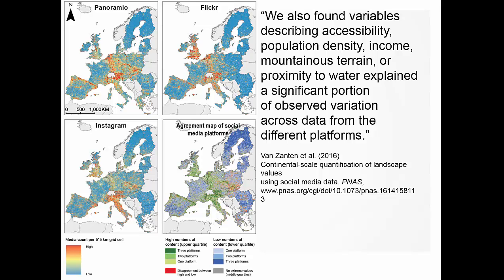variables like accessibility, population density, income, mountainous terrain, and proximity to water explained a significant proportion of observations. So in addition to the factors that relate to the use of social media data, which might be income, for example, or people being in a certain place, like accessibility and population density, mountainous terrain and proximity to water trigger these posts.